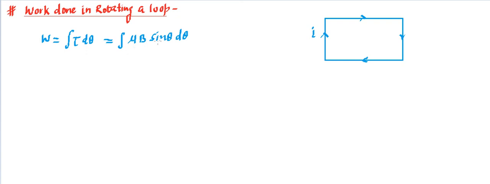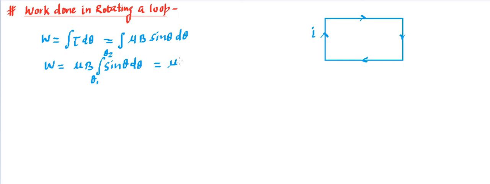B is uniform, will not change. So this work done can be simplified as mu B outside the integration, sine theta d theta. If you have initial angle theta 1 and final theta 2, you can integrate from theta 1 to theta 2.